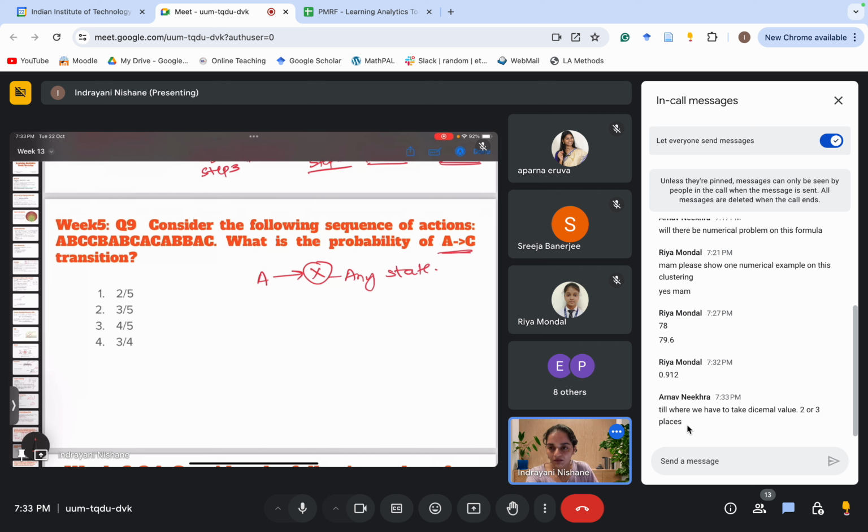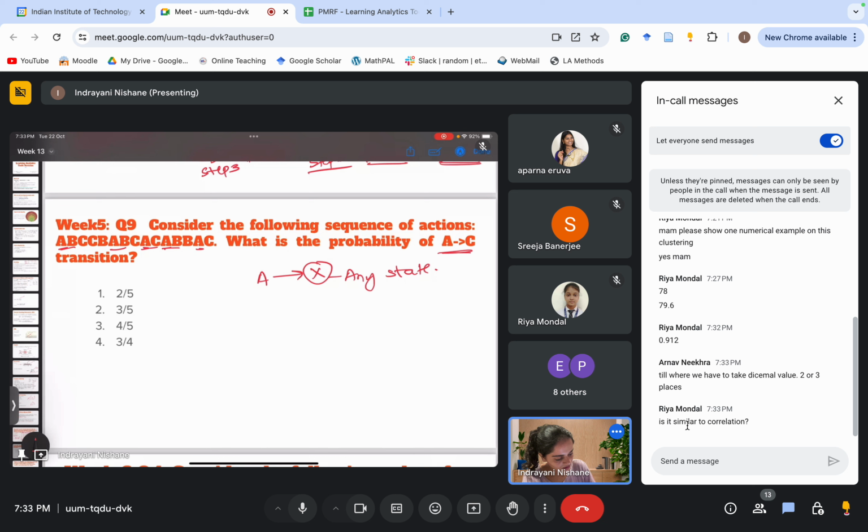So we will count how many times A has occurred. A is 1, 2, 3, 4 and 5. So A's transition to any state has occurred 5 times. So A to X is 5 times.